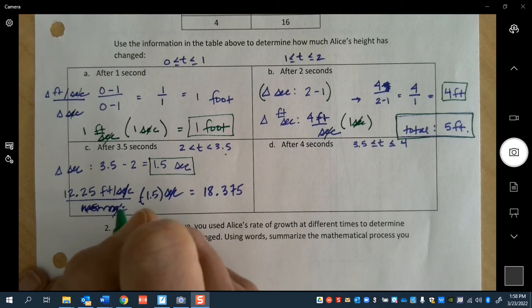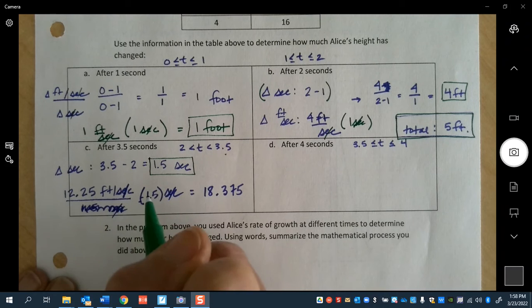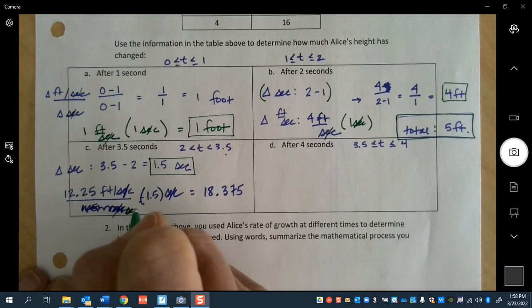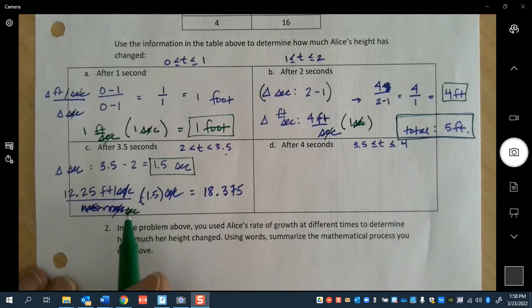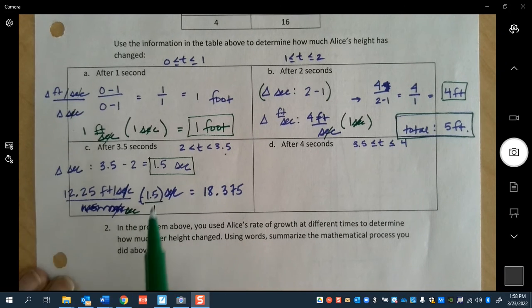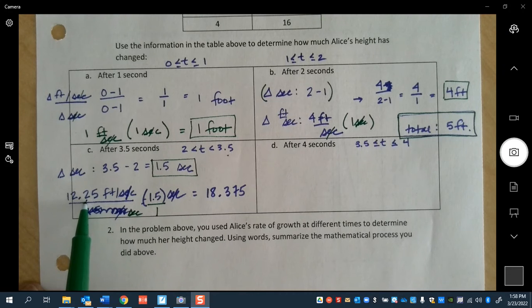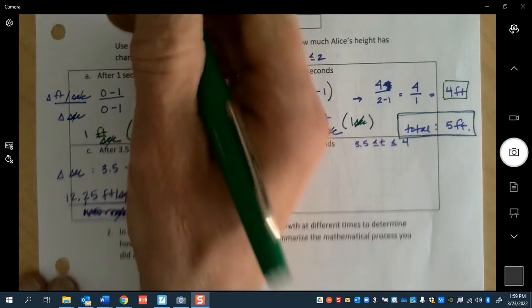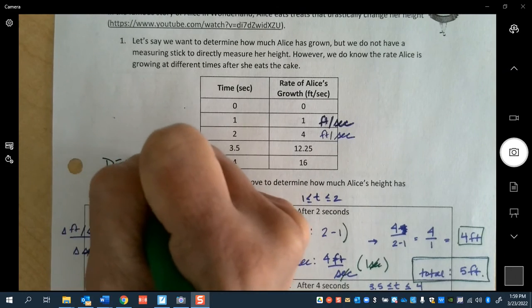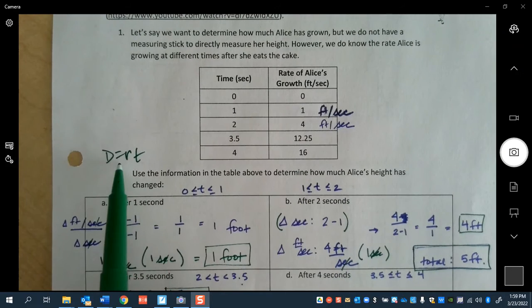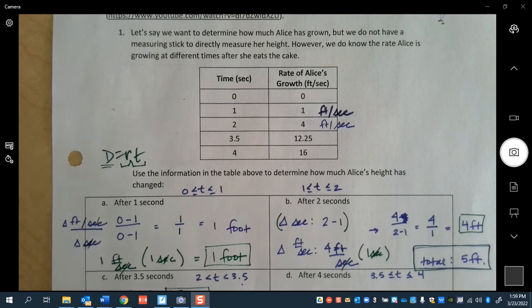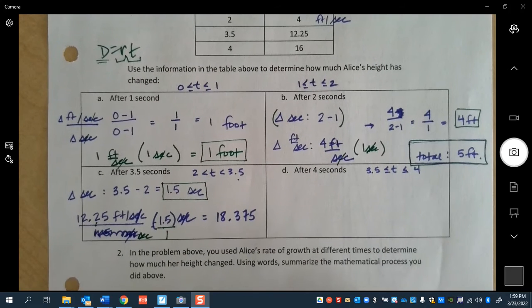And if it's easier for you to figure out, if you want to write that second down here, because it's feet per second, she's growing at this rate for this many seconds. So you know how we talk about distance is equal to rate times time? Anytime you're multiplying your rate for how long it's happening, that's giving you your distance. In this interpretation, it's her height, how tall Alice is.